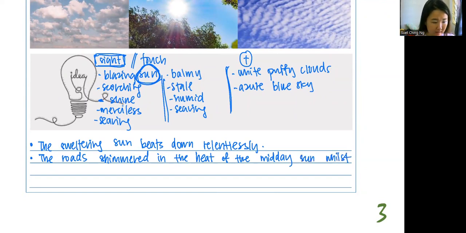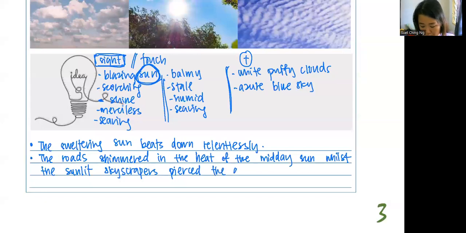Whilst the sunlit skyscrapers, that means your buildings, all refracting the sun's rays, pierce the azure blue skies.